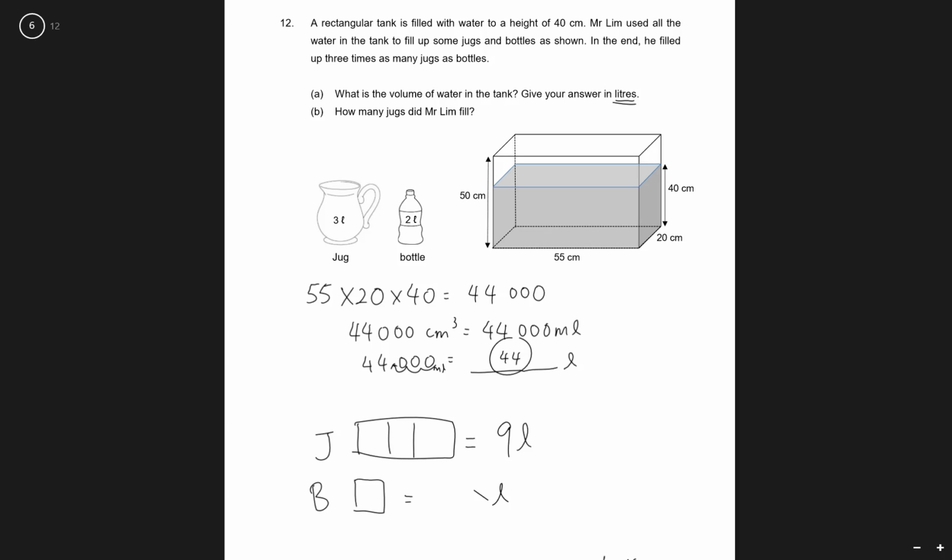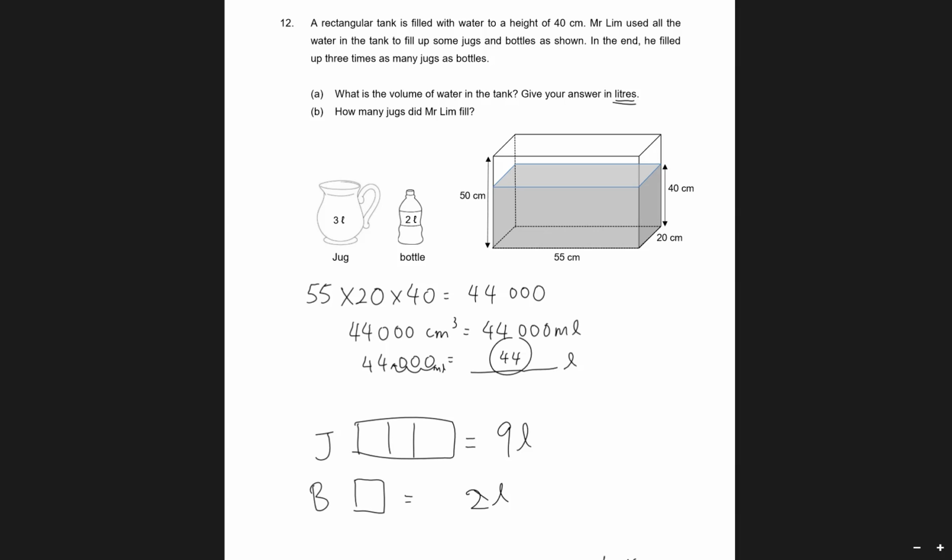1 bottle, 2 liters. So that means if I've used 3 times as many jugs as bottles, I must have used 9 liters for every 2 liters of bottles. Let me repeat one more time. I've used 3 jugs, I will only be using 1 bottle. I use 6 jugs, I will be using only 2 bottles. So in this ratio form, jugs 9 liters for every bottle of 2 liters.